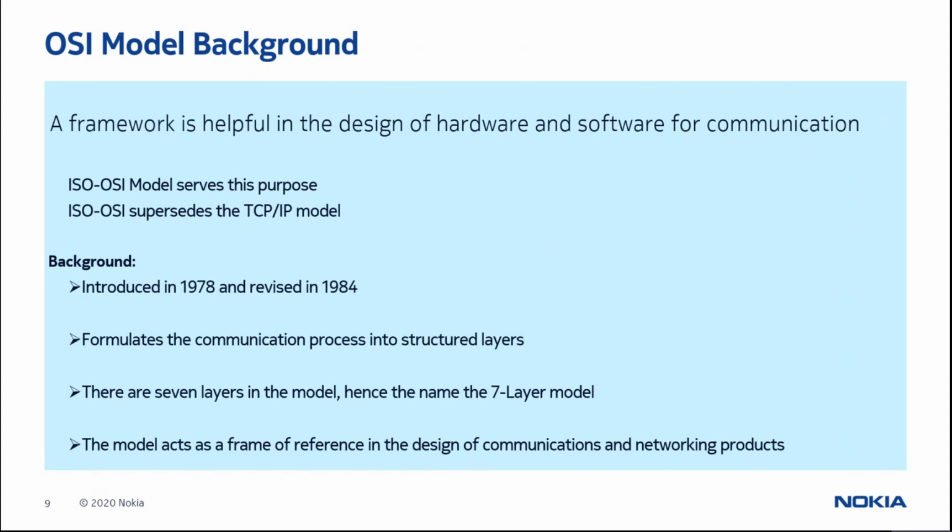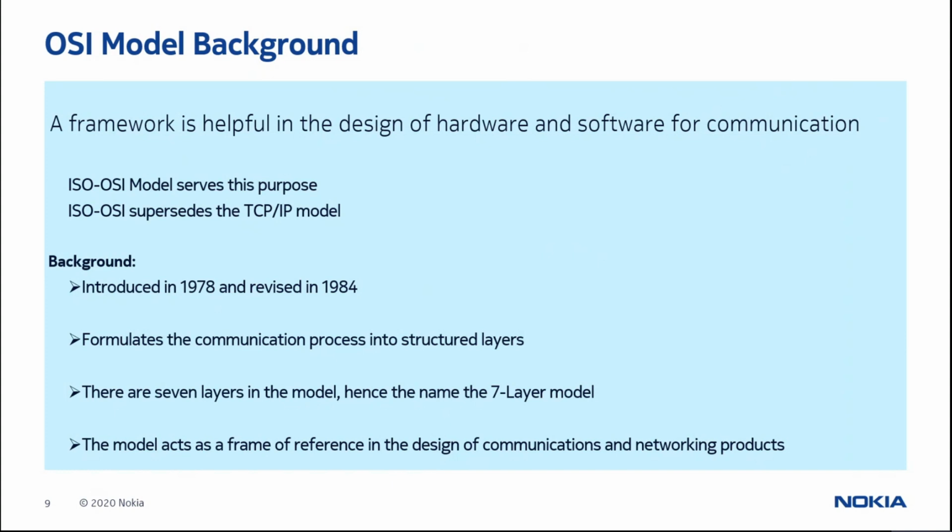OSI uses the network layer to define all the routing standards and protocols. But when it comes to TCP/IP, it uses the internet layer. The session and presentation layers are part of the OSI model, but in TCP/IP there is no session and presentation layer as such.